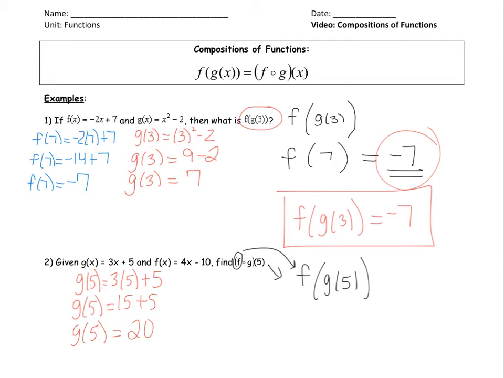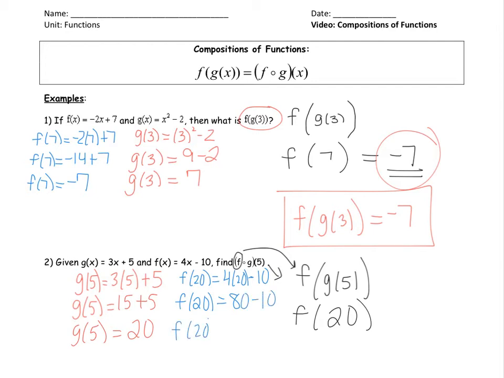So now, if I go back over here, g of 5 equals 20, so I want to find now f of 20. So I'm going to go to the f of x function, and I'm going to plug in 20. So 80 minus 10, so f of 20 is equal to 70.